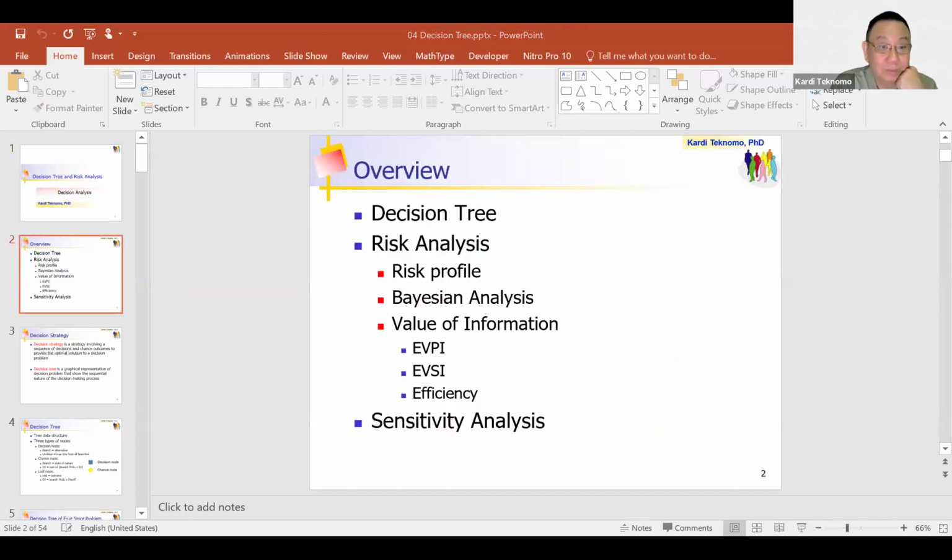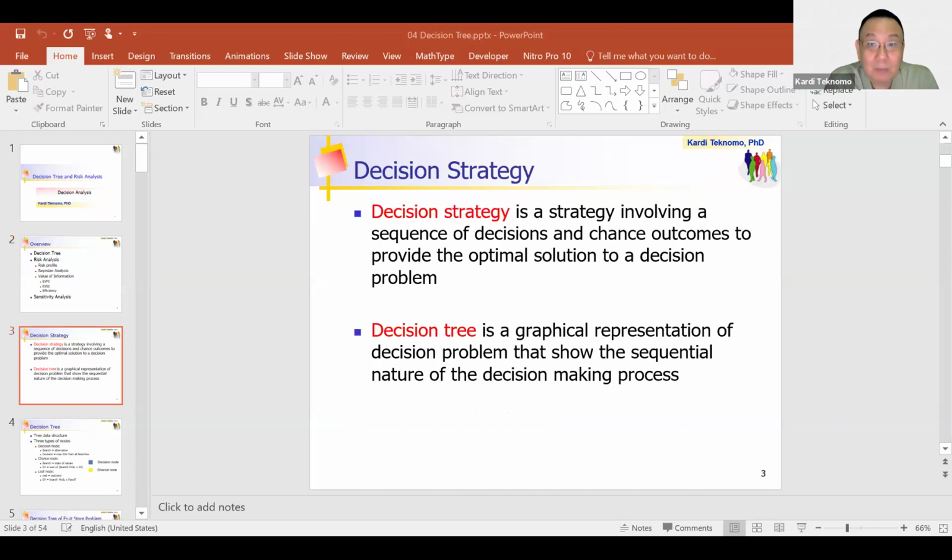We can also discuss risk analysis based on Bayes analysis, and we can compute the value of information. At the end, you can compute the sensitivity analysis.